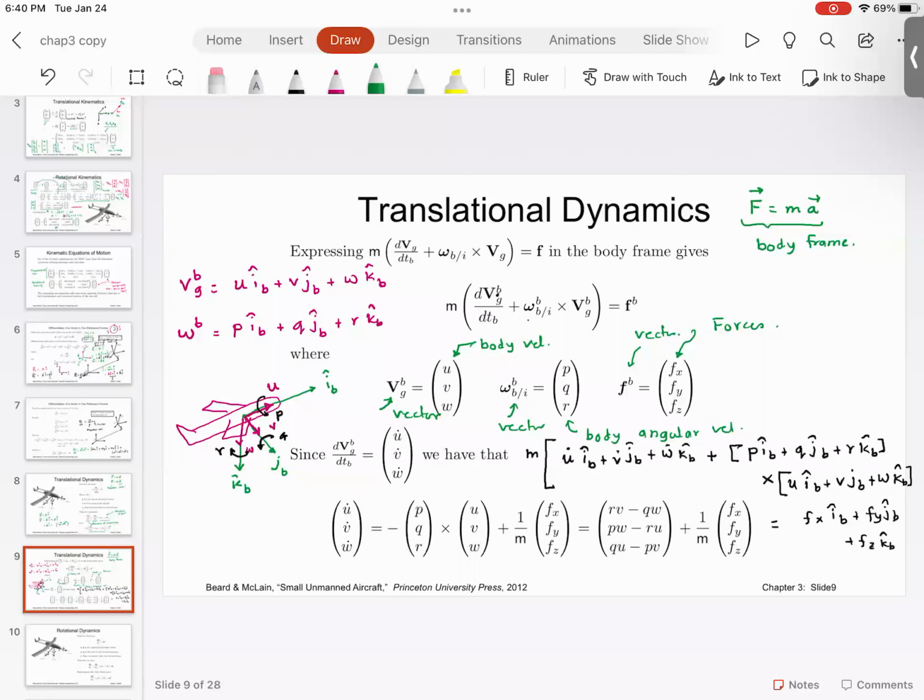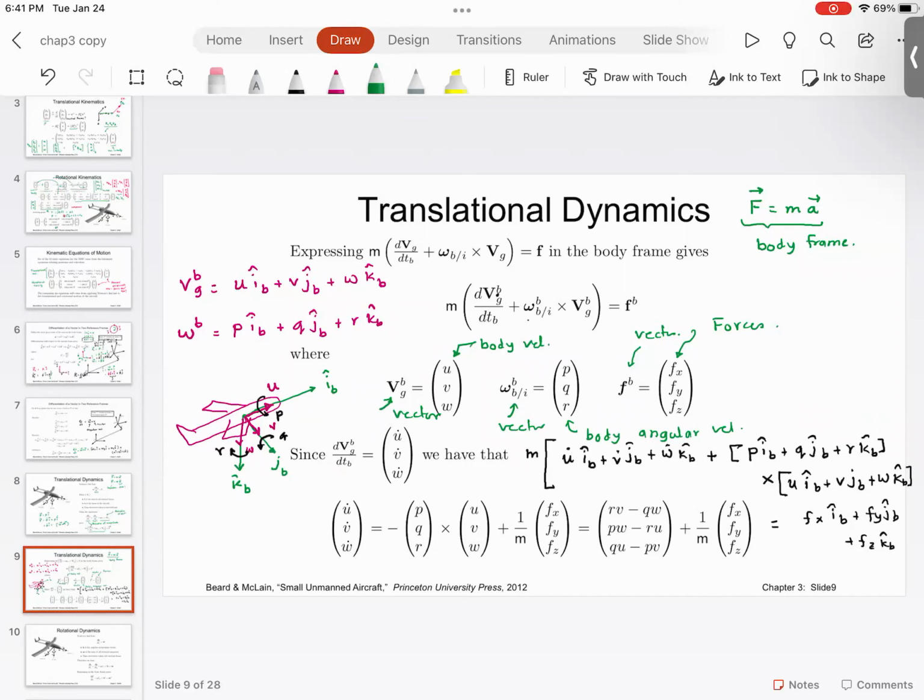And believe it or not, I did something similar in my last class, wherein I had a frame, the rotation of the frame, and then there was a vector. So once you perform this, you are going to get one vector equation that will have three scalar components. If you collect all the i's, you get u dot is equal to rv minus qw plus fx divided by m.